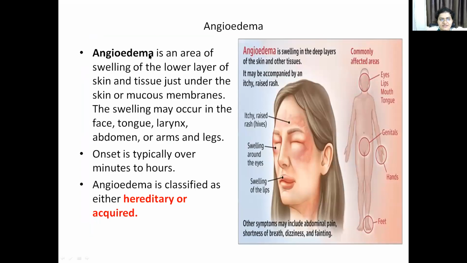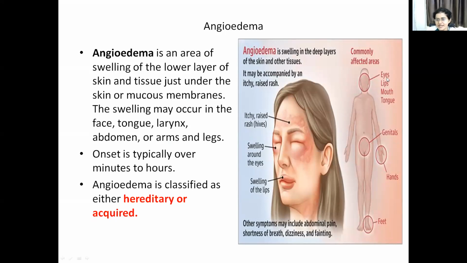The next is what is angioedema? The definition, as I already told you, is a swelling of the lower layer of the skin, which is called the dermis, and the tissue just below or under the skin or mucous membrane. So it can be in the face, tongue, larynx, abdomen, arms or legs.